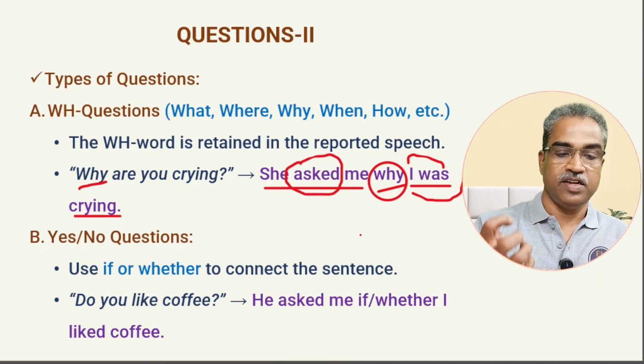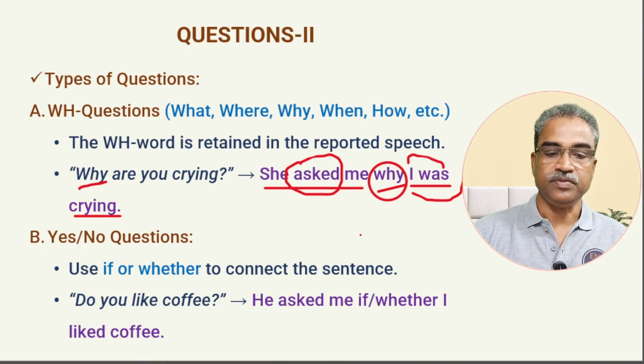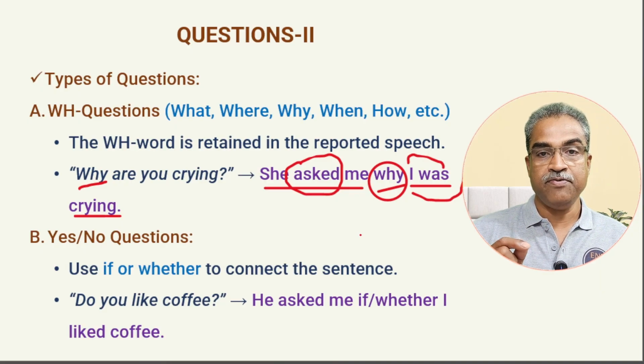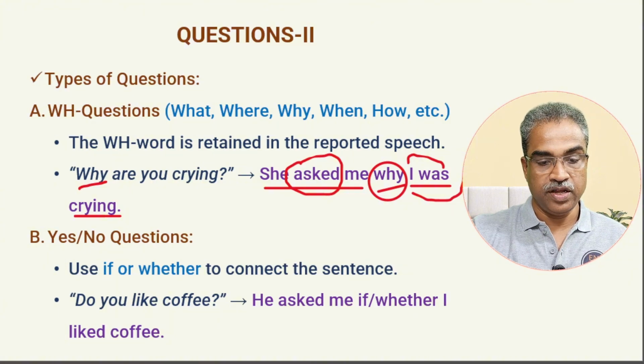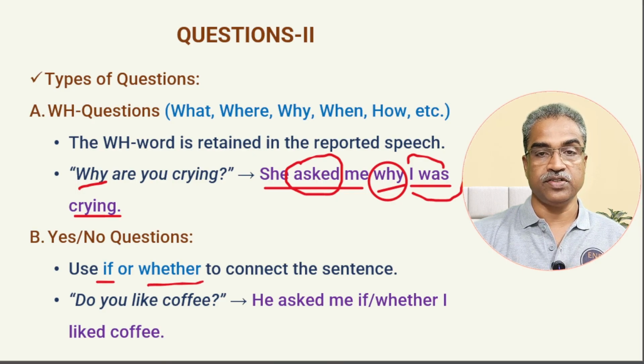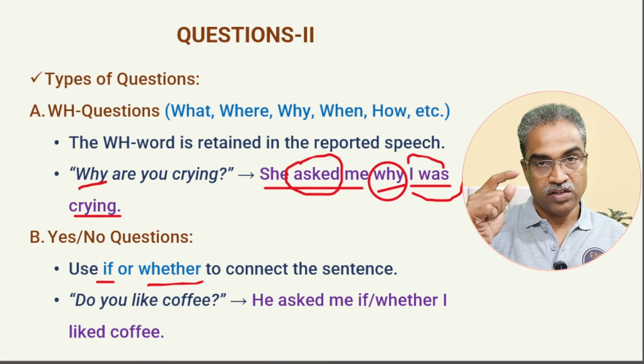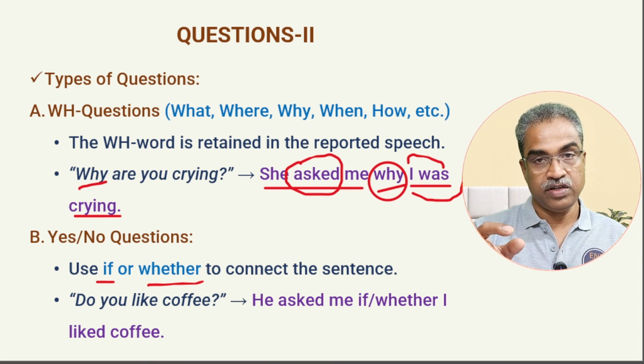Next is B, that is yes, no type questions. Use if or whether, important here. Use if or whether to connect the sentence. Once again, in the what type question, the linking word, the conjunction, is the what type word in the question. Okay.